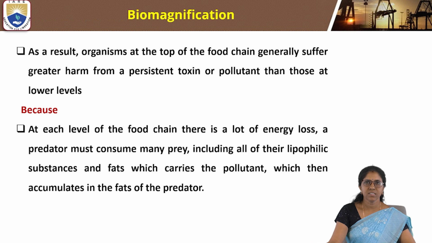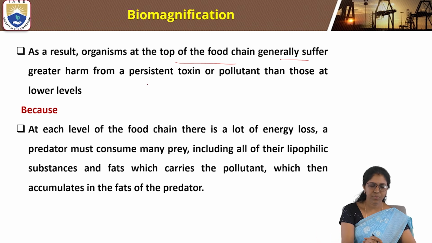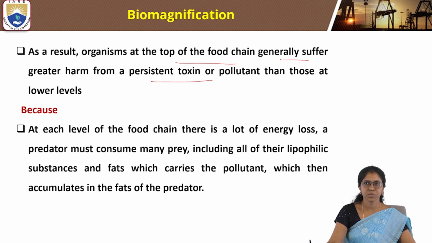As a result, the organisms at the top of the food chain generally suffer greater harm from the persistent toxin or pollutant than those at lower levels. Why?